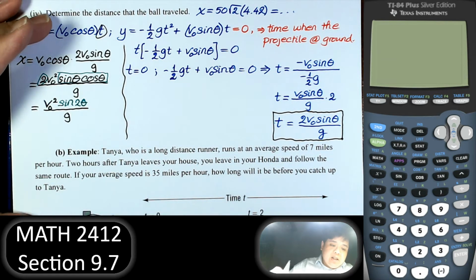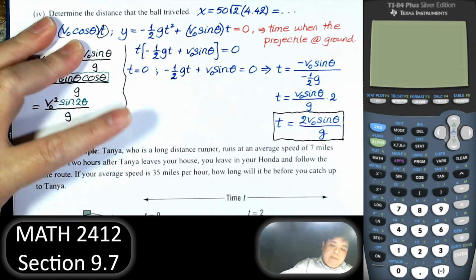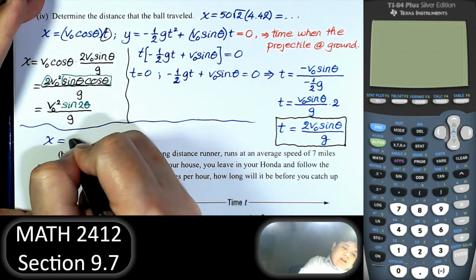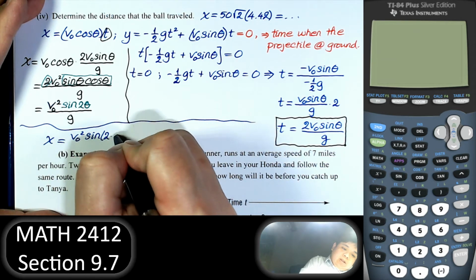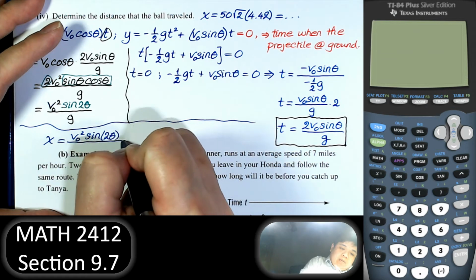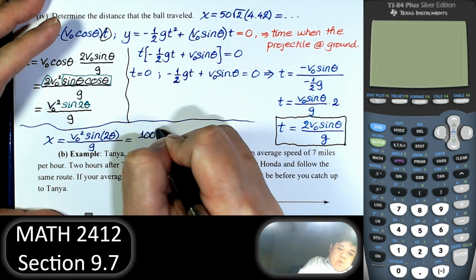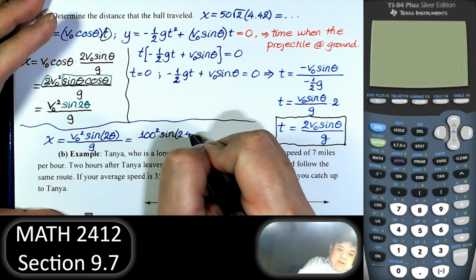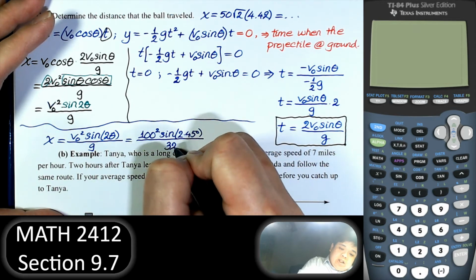So in this case, we go back to our problem. We have x equals v naught squared sine of 2 times theta divided by g. V naught is 100 feet per second, squared, times sine of 2 times the angle, divided by 32.